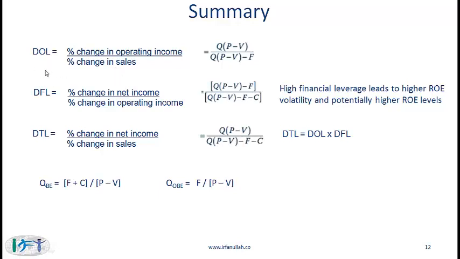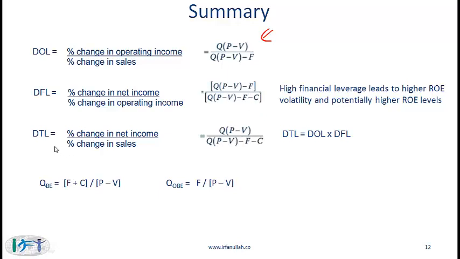Degree of operating leverage is the percentage change in operating income divided by percentage change in sales. And here is the formula. Degree of financial leverage is the percentage change in net income divided by percentage change in operating income. And here is the formula. Just to help you remember this, notice that in the numerator we are subtracting the fixed operating cost, and then in the denominator we are subtracting the total cost.